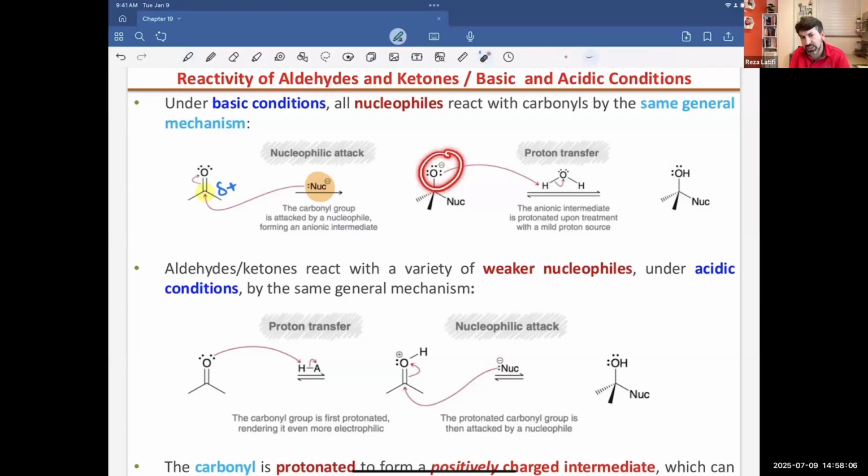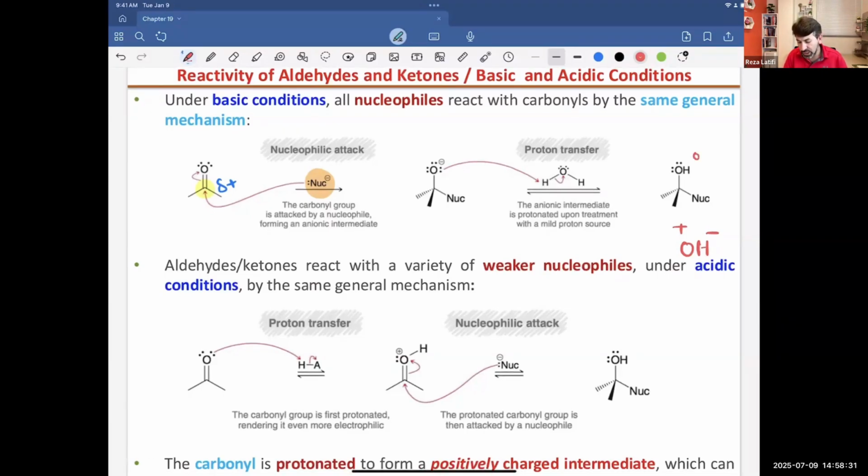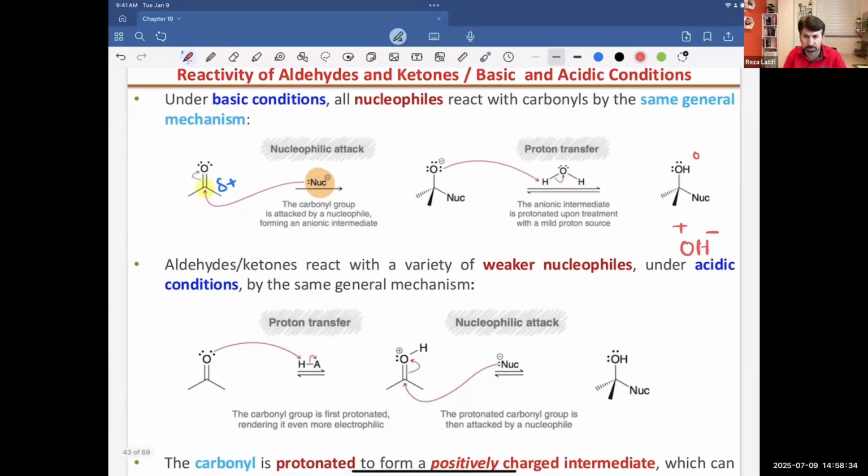Oxygen is not going to be stable, so very soon it will attack any acidic H, and it will find that acidic H in water. It will take that acidic H and turn to OH, and water will turn to OH minus. So we get a base, technically. As you see, the charge for our product is now 0, and for OH it will be minus 1. So we can't have any positive charge.